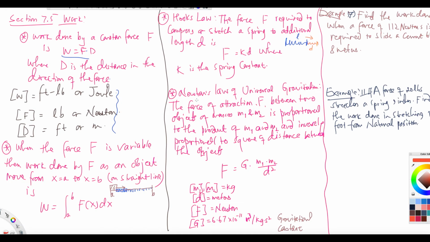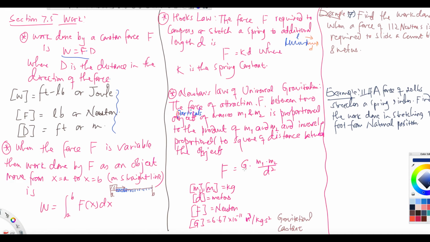So we write F equals K times D, where K is the spring constant. And Newton's law of universal gravitation says the force of attraction F between two particles of masses m1 and m2 is proportional to the product of m1 and m2, and inversely proportional to the square of the distance between the objects.